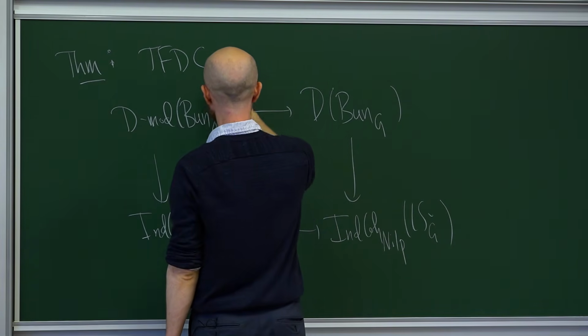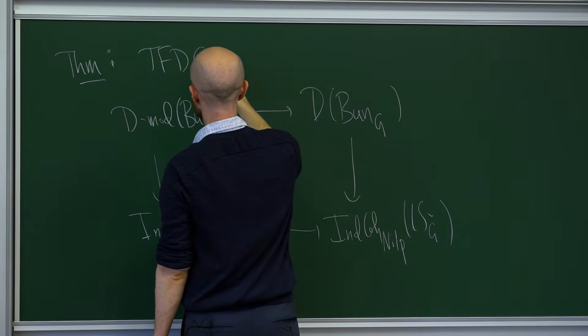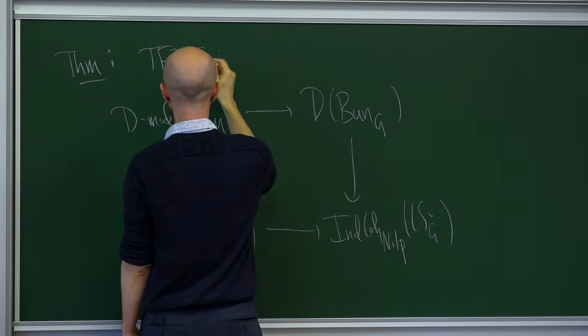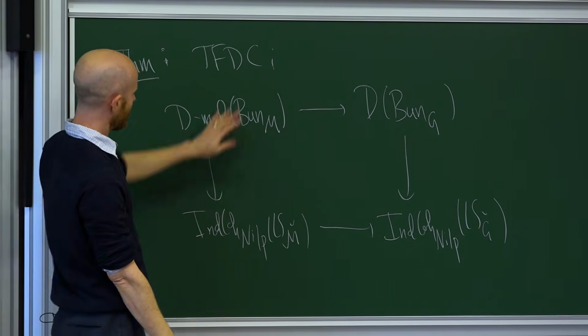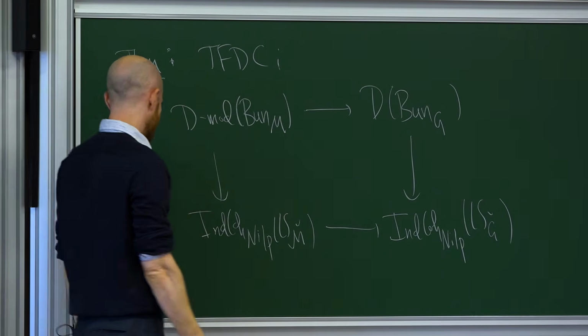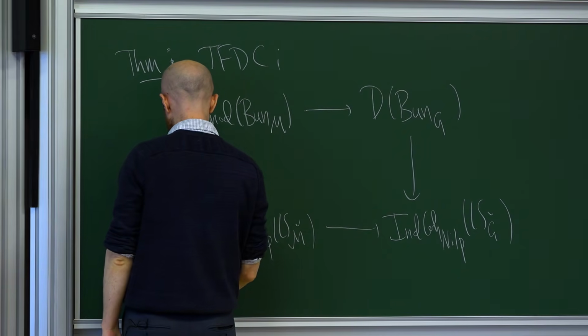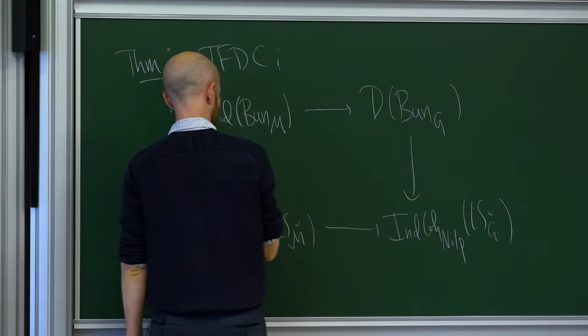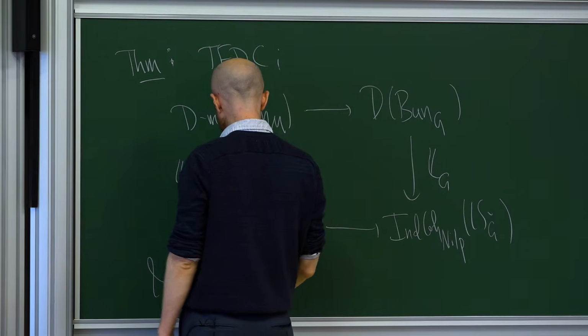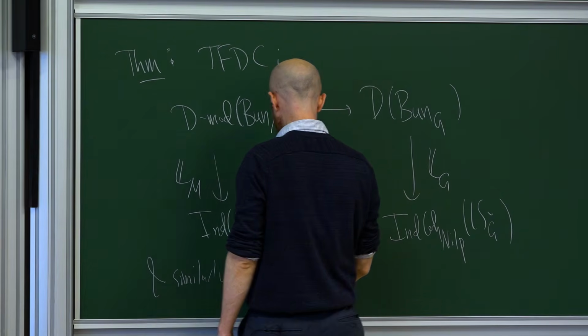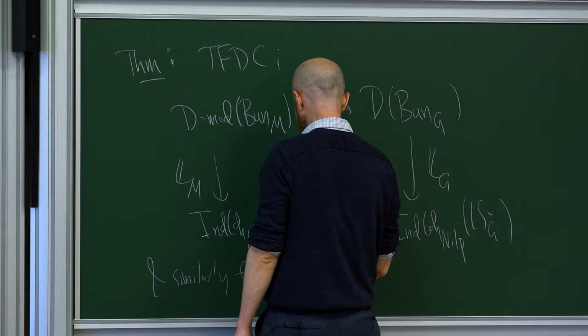The following diagram commutes, well, okay, it's a construction. So we really have to produce the data of a natural isomorphism. This is a slightly sloppy way to say it, but okay. And this is our Langlands functor for M. This is our Langlands functor for G. And similarly for the Betti and restricted settings.